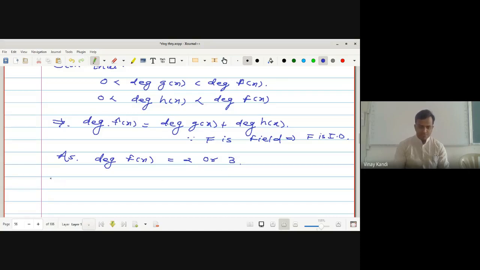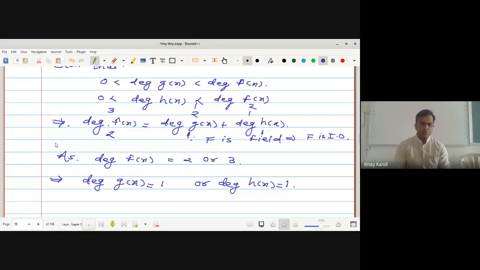So what does it imply? Degree of g of x is equal to 1 or degree of h of x is equal to 1. If the degree of f is 3, what are the possibilities? This one is 2 and that one is 1, or this one is 1 and that one is 2. These are the 2 possibilities. Suppose the degree of f of x is 2, then the possibility is that this one is 1 and that one is 1.